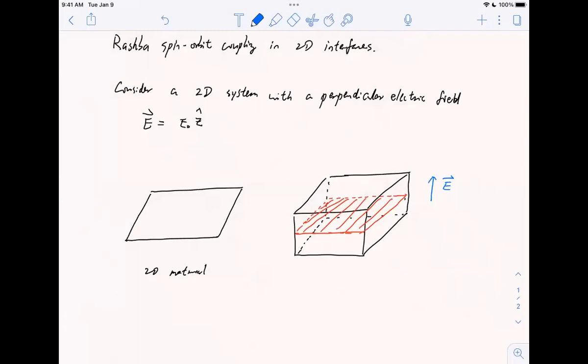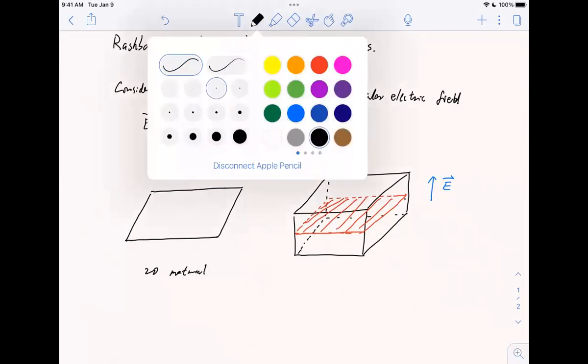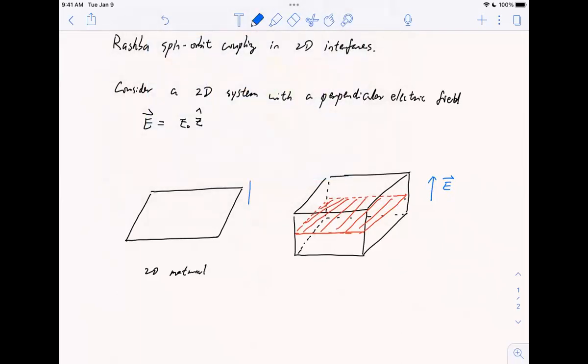So one material on top, a different material in the bottom, then in the interface, there's generally a little bit of charge transfer, and then you have a vertical electric field. If you have a 2D material, then you use a dual gate, then you can apply an electric field.